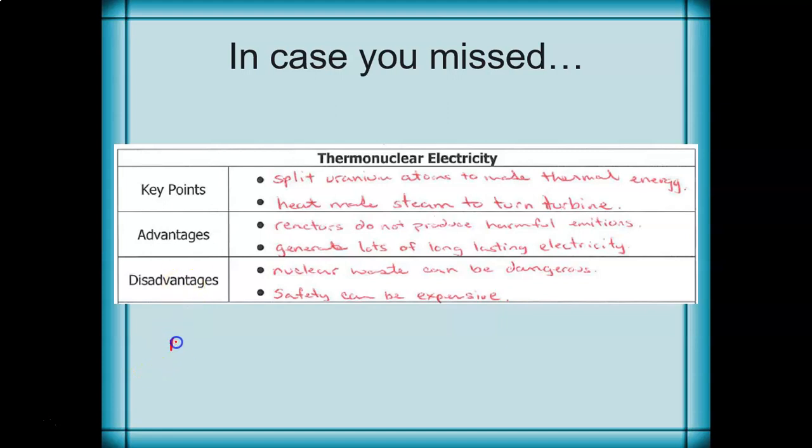Now, this is considered also a non-renewable resource, but even at current exponential growth, you're looking at, let's say, 50,000 years' worth of electricity that's stored within there, and that's including an exponential rate of growth. We still have 50,000 years. There's tons of it. The nuclear waste can be dangerous and the safety can be expensive, are our disadvantages.